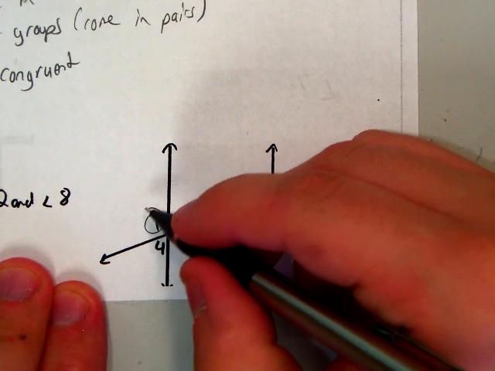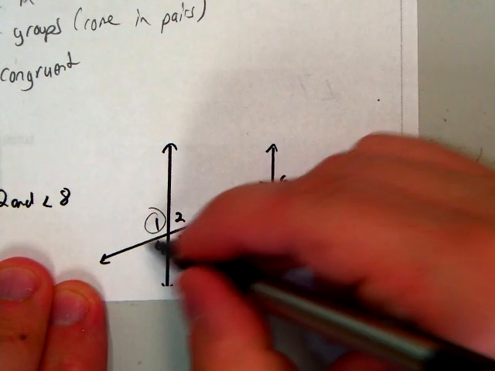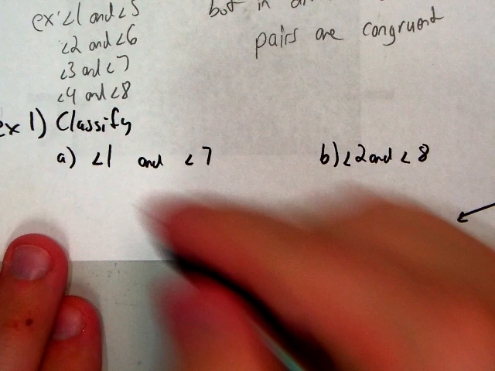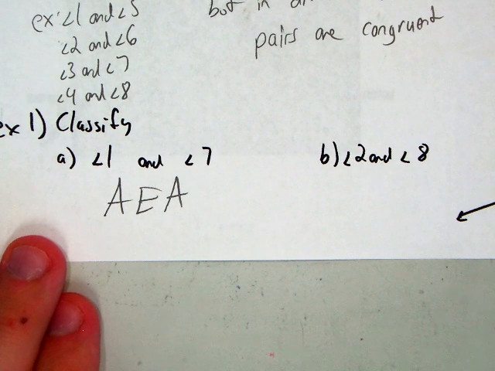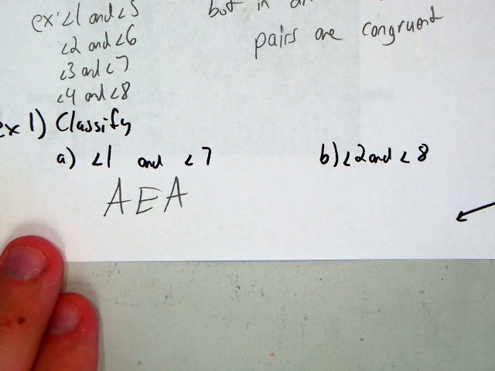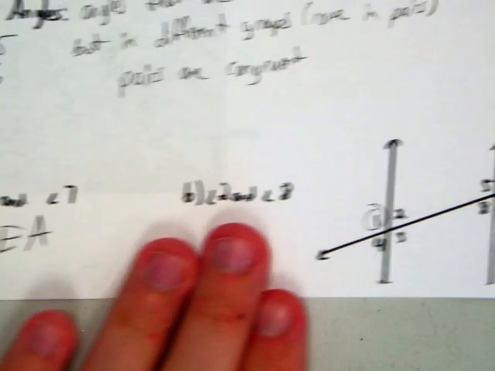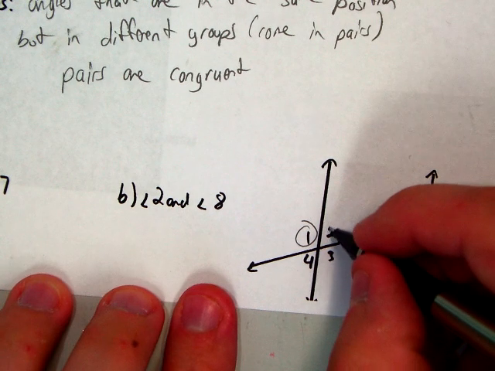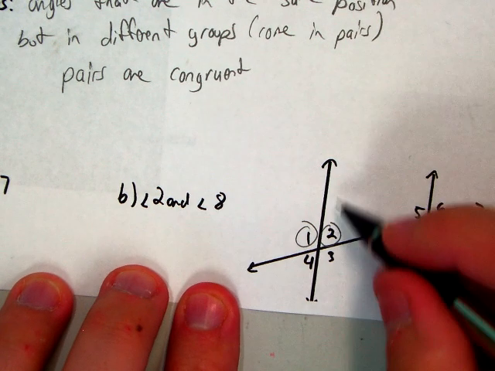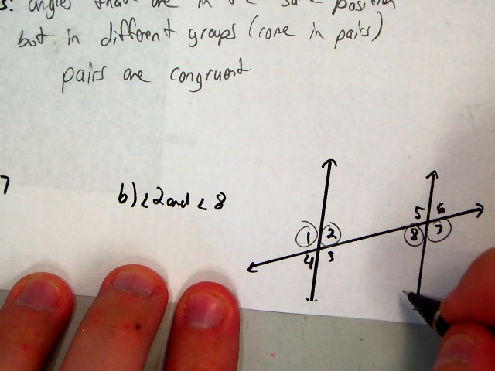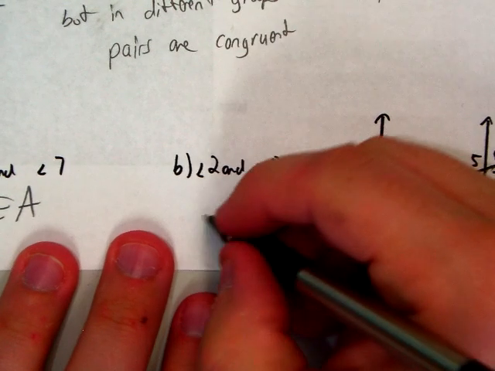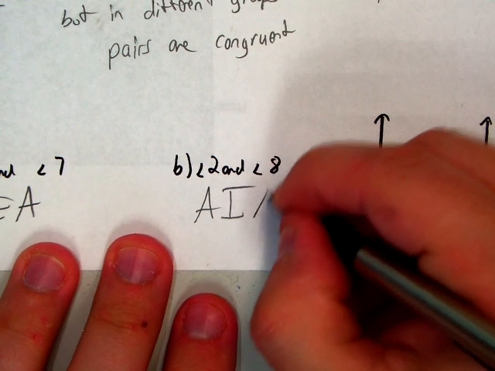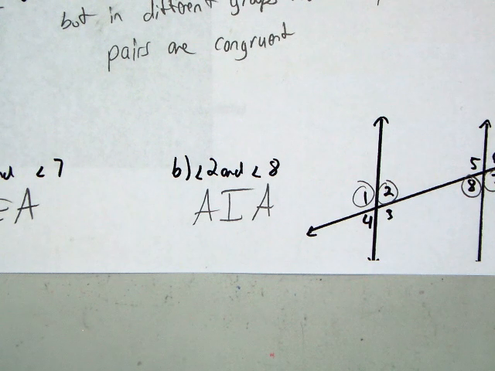They're exterior angles on opposite sides of that transversal line, which means these are alternate exterior angles. Letter B, angle 2 and 8, they're both inside the parallel lines on opposite sides of the transversal, which means these are alternate interior angles.